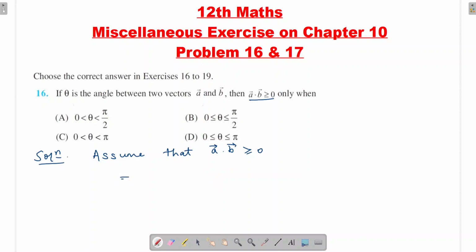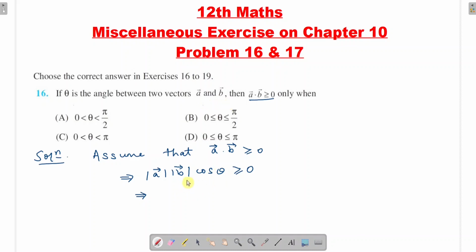Now this will imply, the definition of dot product is magnitude of a bar times magnitude of b bar cos theta is greater than or equal to 0. They have not given that magnitude of a bar and magnitude of b bar are not equal to 0. They should have mentioned that a bar and b bar are non-zero vectors.